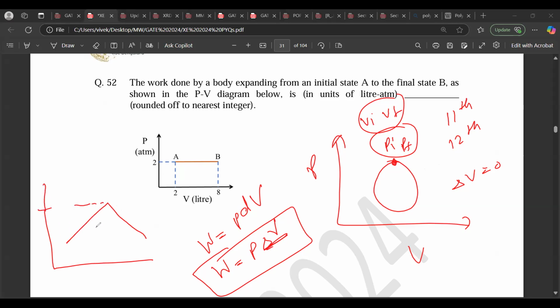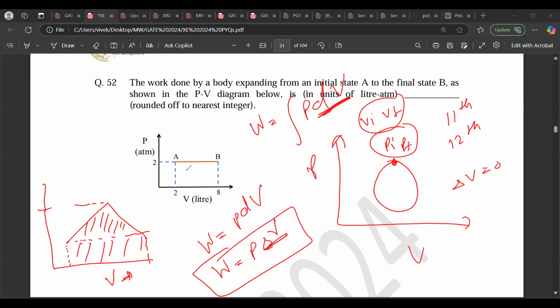The work done is nothing but the area under the curve, meaning integration, right? Your V is your X and you're integrating it. So you find out this area and this area, and that's it. That will give you the total area, or work done.